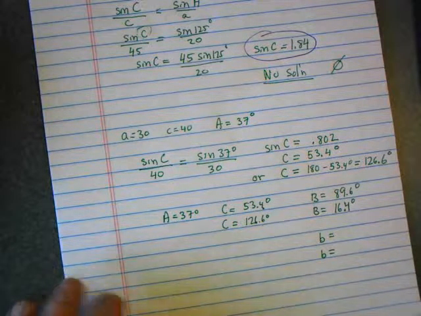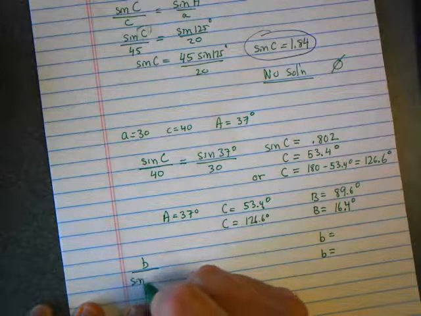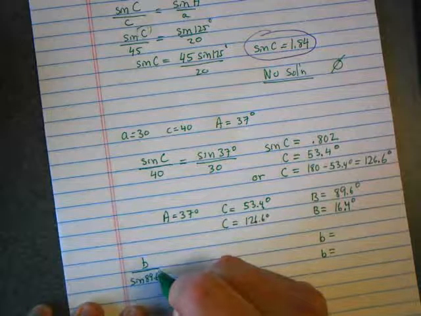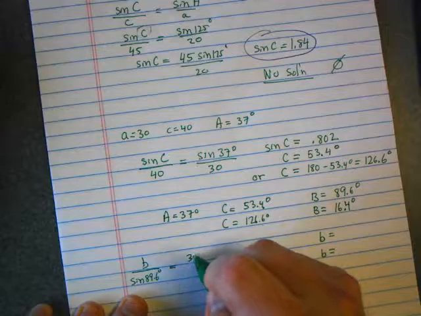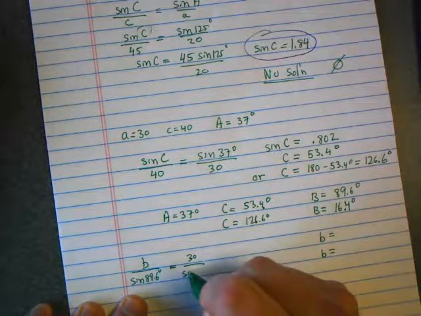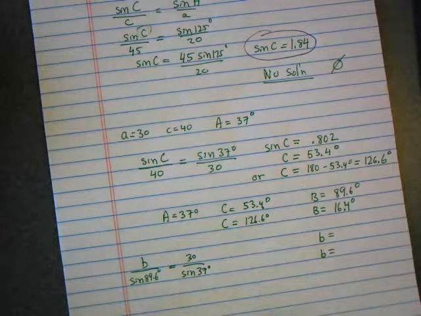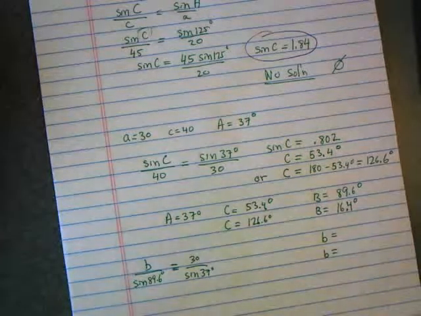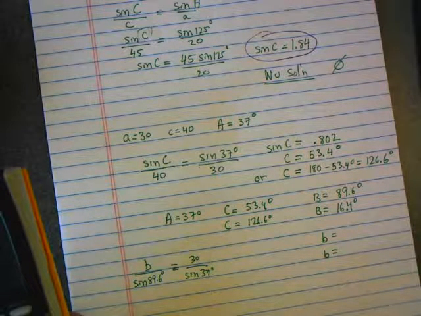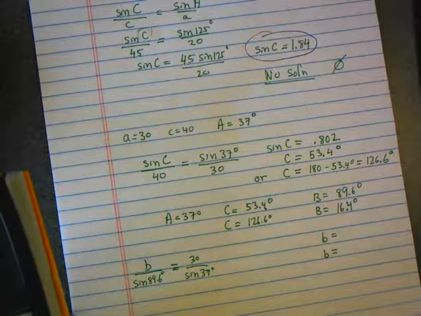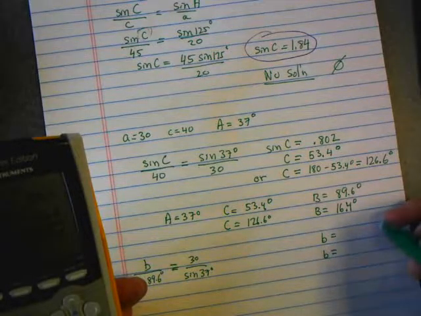Okay, so I'm going to have little b divided by sine of big B, sine of 89.6, equals little a, which is 30, divided by sine of big A, which is 37. So one answer is little b has to be that, so that's 30 sine 89.6 divided by sine 37. So little b could be 49.8.